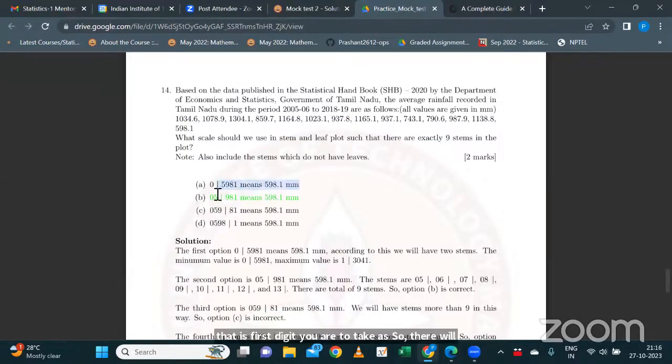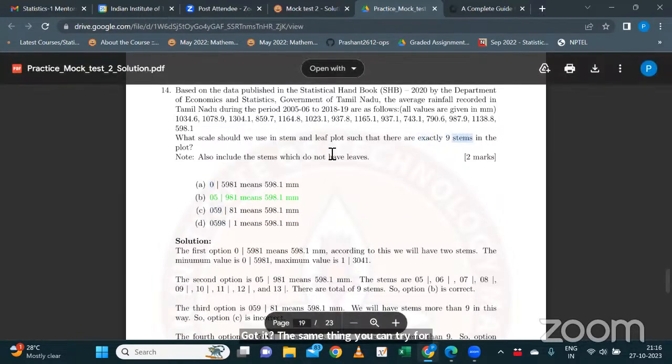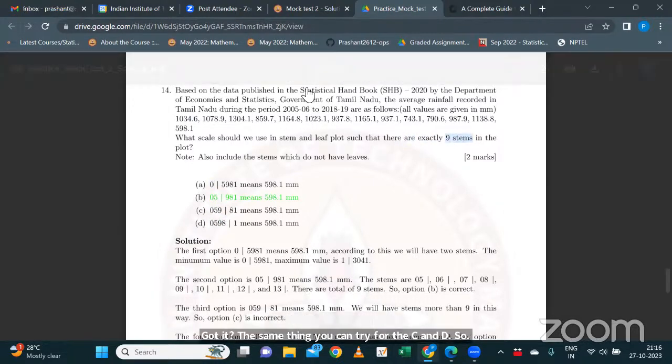Yes, sir. This is the meaning of 0|5981, which means 598.1. To represent 1034.6, the 1 will be in the stem and the rest will be in the leaf plot, right? Okay, sir. Got it? Yes, sir. The same thing you can try for C and D. So it is asking only for exactly 9 stems, okay?